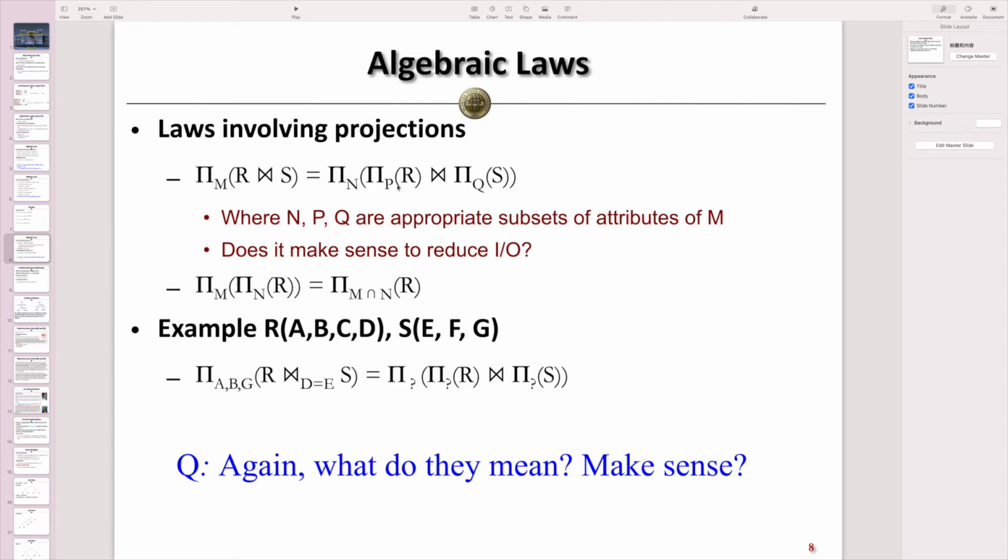Because we are joining two relations with a very small number of attributes after the projections. And then we can do a further projection of the desired attributes N. So compared with the left-hand side, the right-hand side can reduce the time cost as well as the I/O cost, because we reduce the cost of the join between two relations with a small number of attributes only.